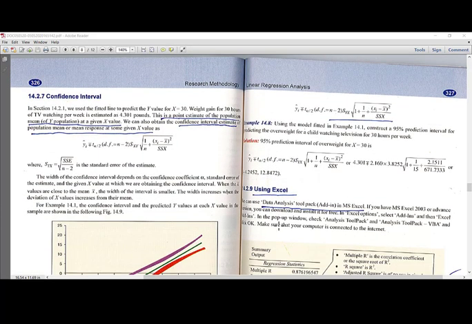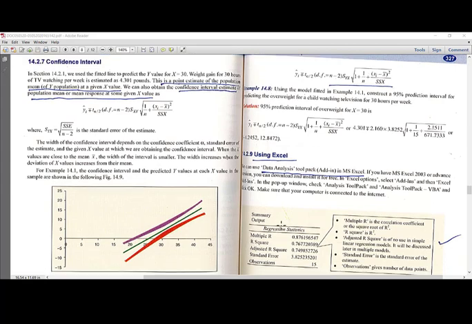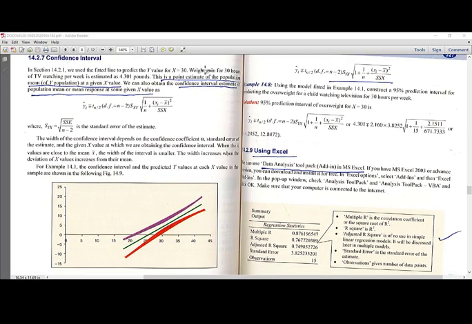Now coming to the confidence interval. The weight gain for 30 hours of TV watching per week is estimated as 4.301 pounds in one of the previous examples. This is a point estimate of the population mean of Y at a given X value.